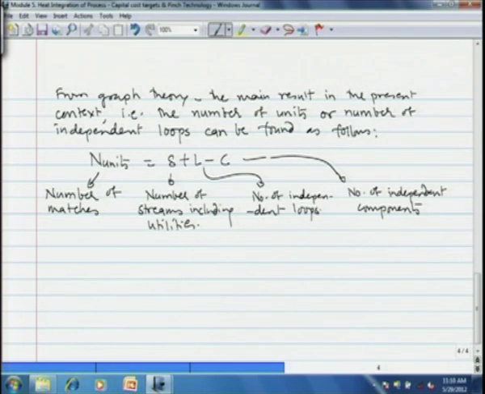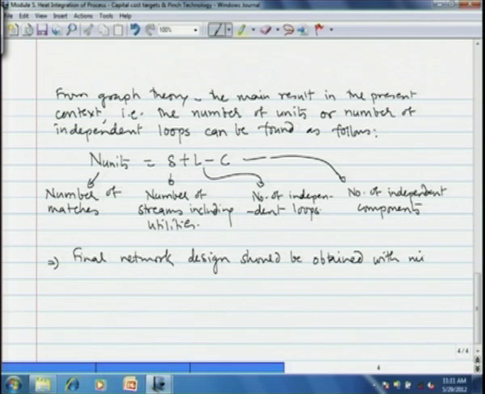Now, the final network design should be achieved with the minimum number of units, that is quite obvious, to keep the capital cost low. So, at that point we note the final network design should be obtained with the minimum number of units to keep the capital cost low.